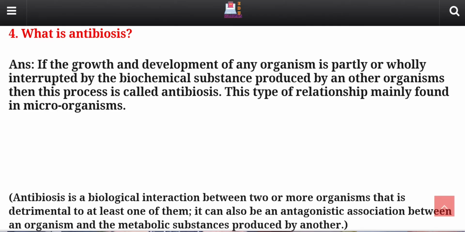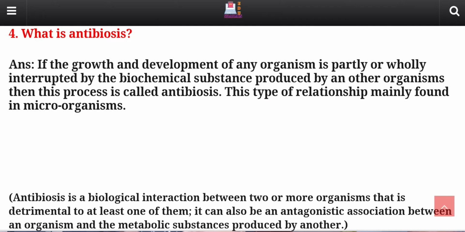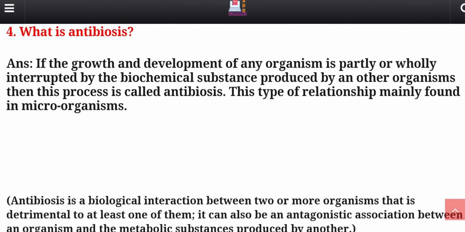What is antibiosis? So antibiosis, if the growth and development of any organism is partly or wholly interrupted by the biochemical substance produced by another organism, then this process is called antibiosis. This type of relationship is mainly found in microorganisms.